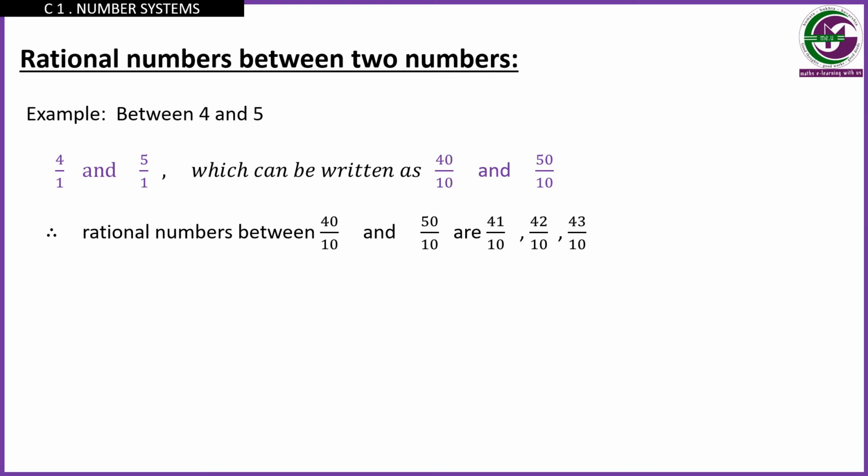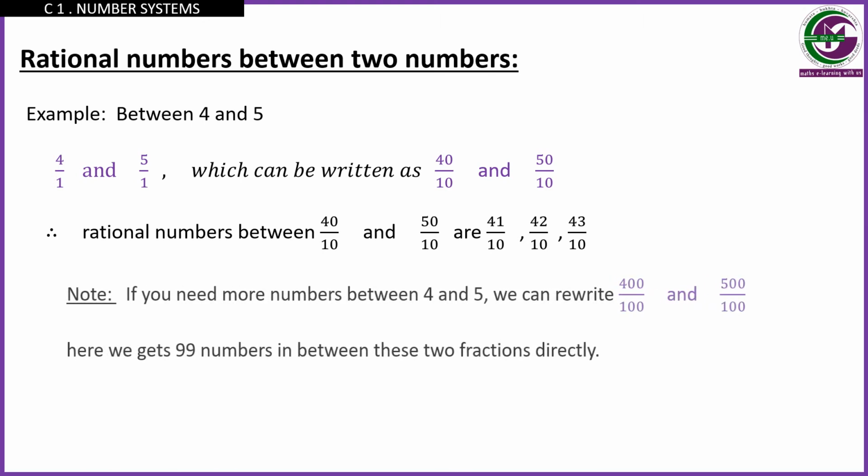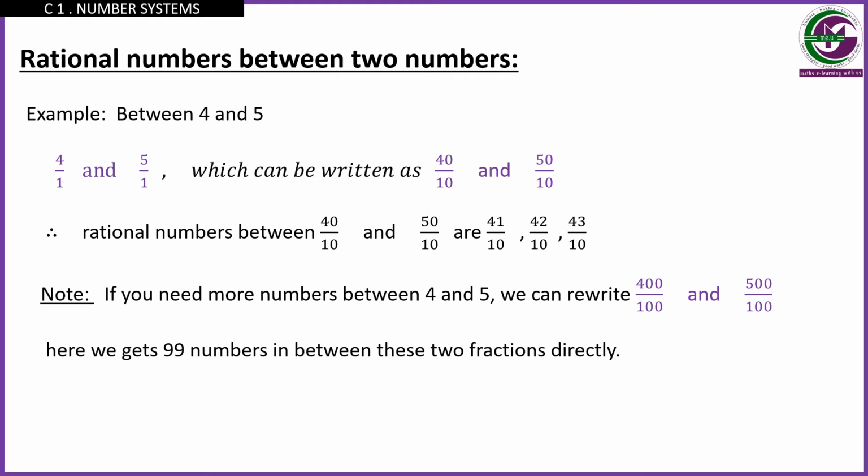But what if you want to find around, let's say, 25 numbers in between 4 and 5, or 63 numbers in between 4 and 5? Don't worry, here is a solution as well. Instead of multiplying by 10 in the numerator and denominator, you can multiply by 100. If you want to think about 1000, you can also go ahead and multiply by 1000 in the numerator and denominator.